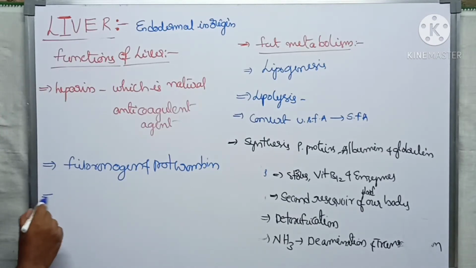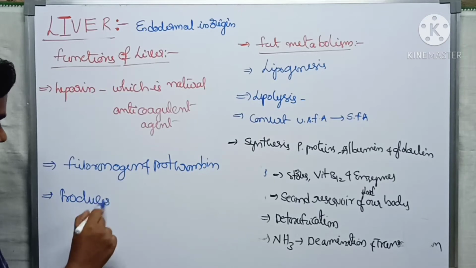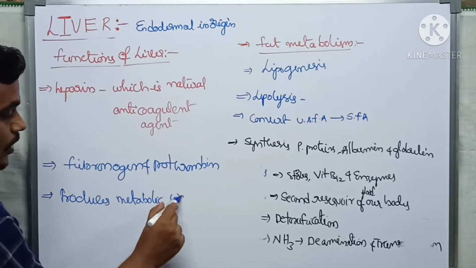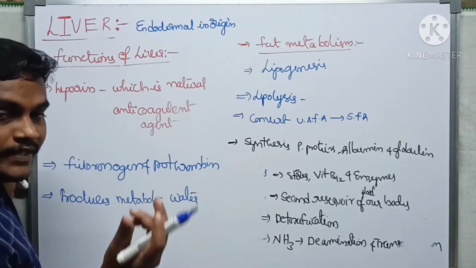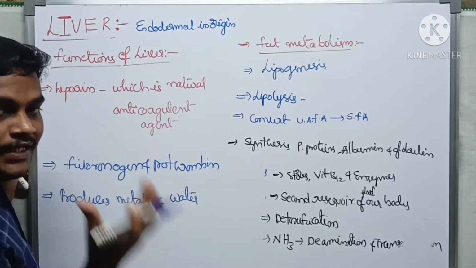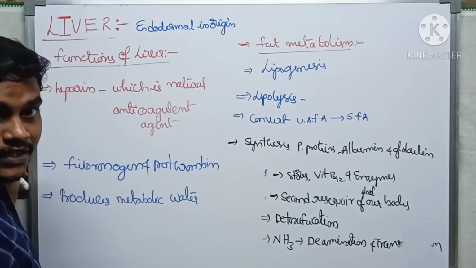And also the liver produces metabolic water. From the secretions of the right hepatic and left hepatic ducts, the cystic duct, and the pancreatic juices, there is a generation of some water, and that water is called metabolic water.